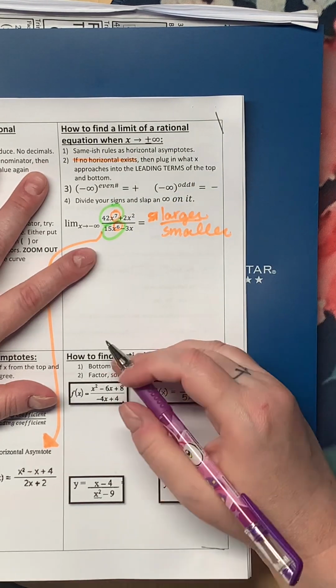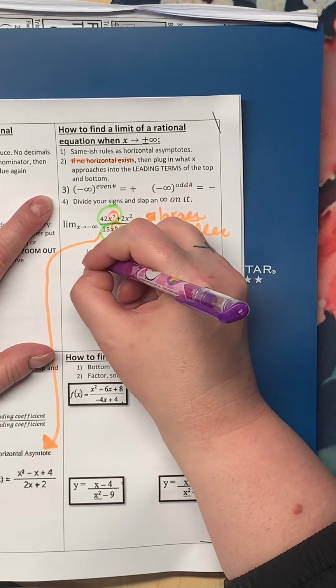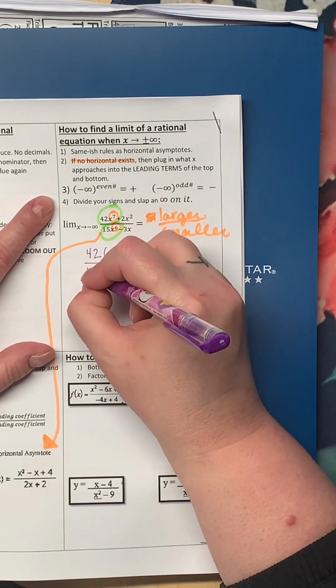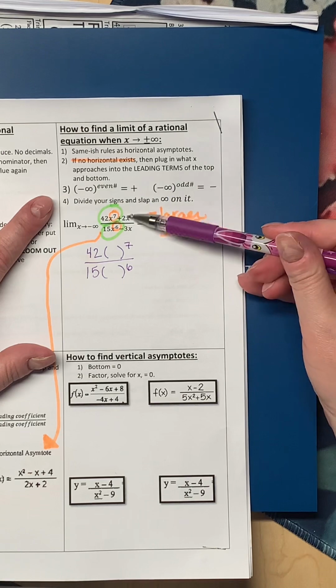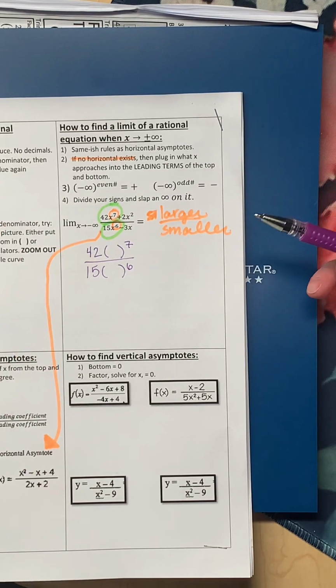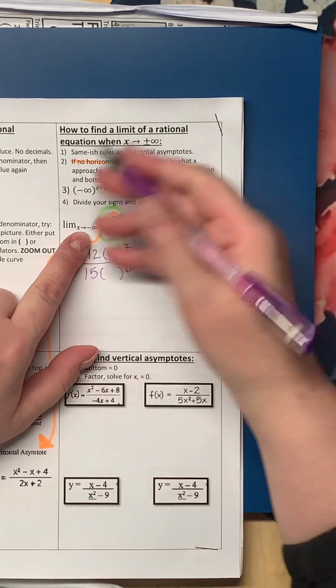We're going to plug in x approaches negative infinity. So 42 something to the 7th over 15 something to the 6th, and we don't care about the last stuff. We only care about the terms with the highest exponents. Then I'm going to plug in a negative infinity here.